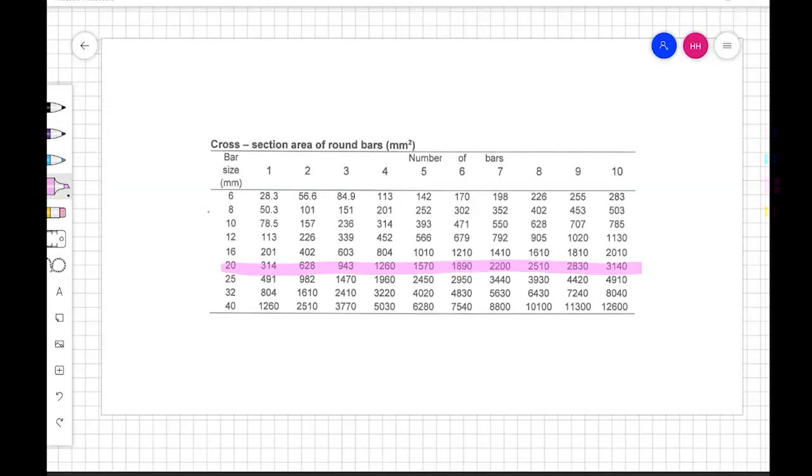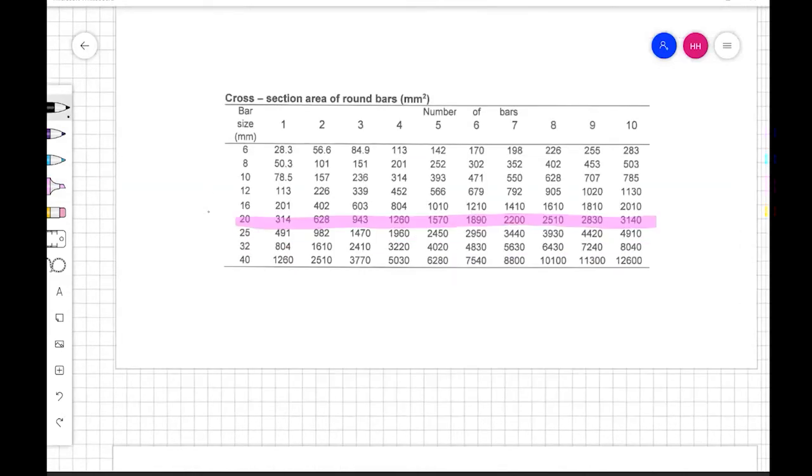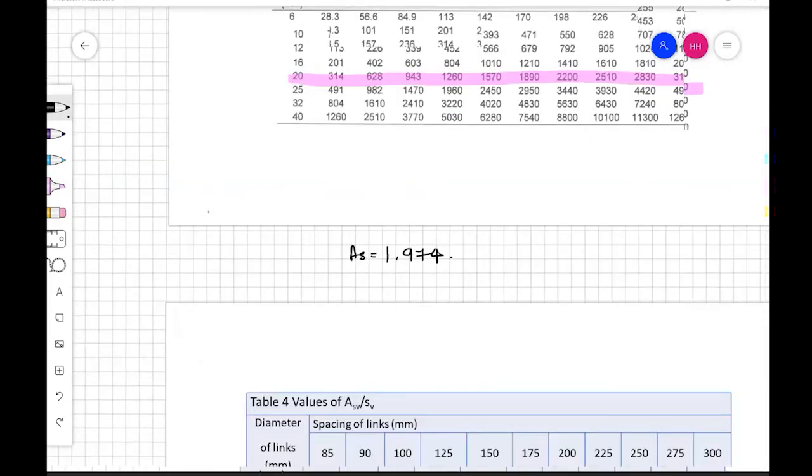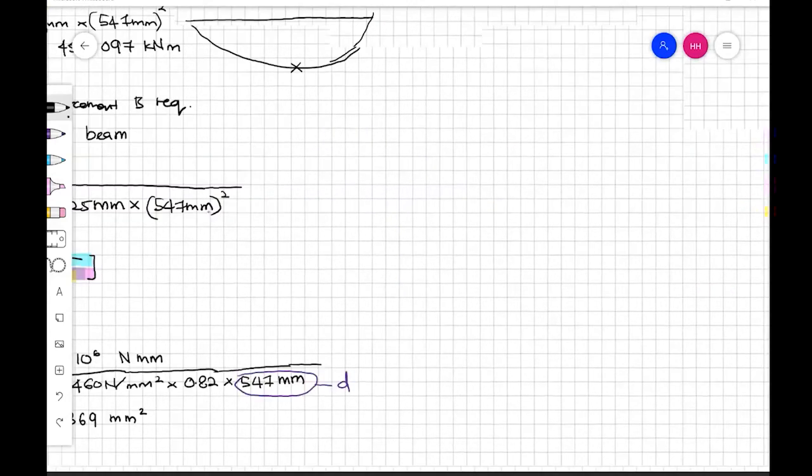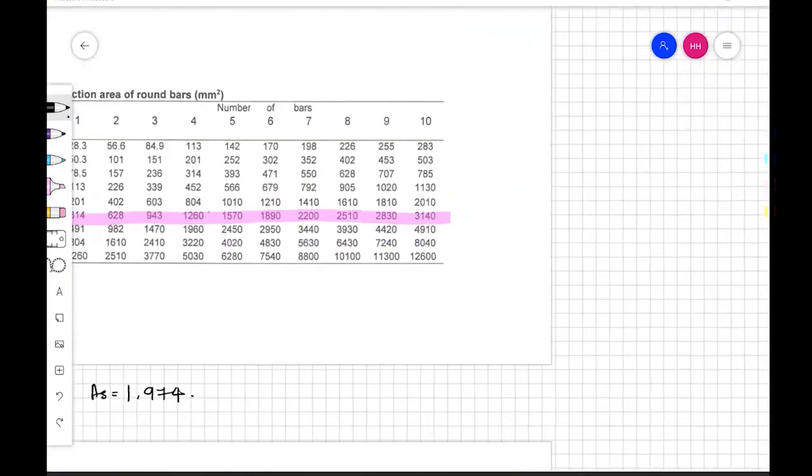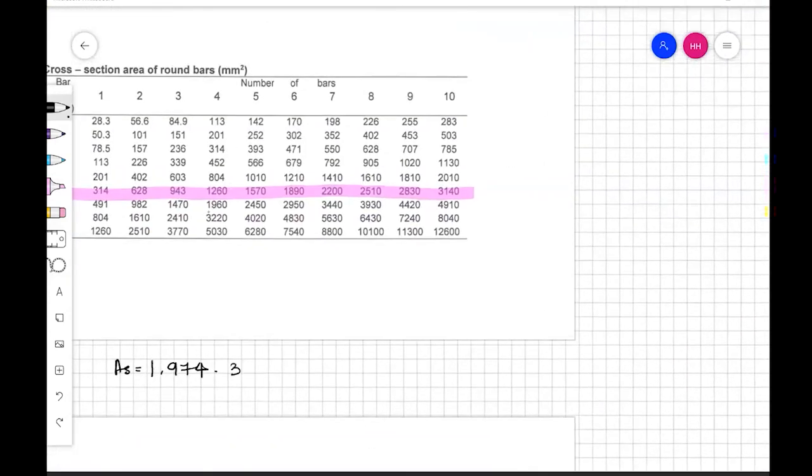And we have that value again, which is berapa? AS kita tadi 1974.369. Okay, we have this value for the AS.